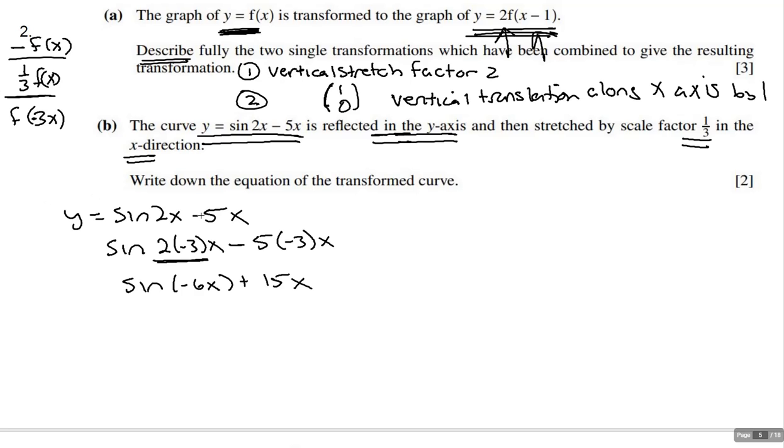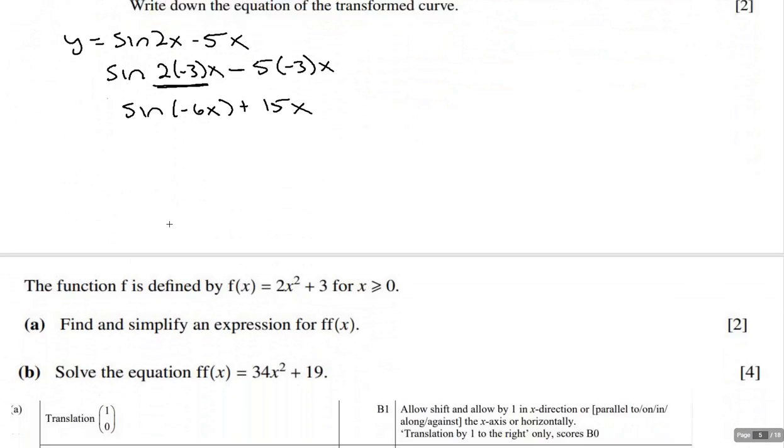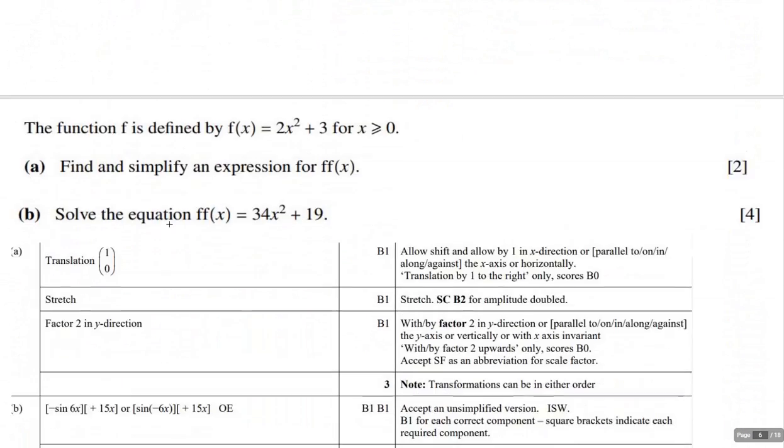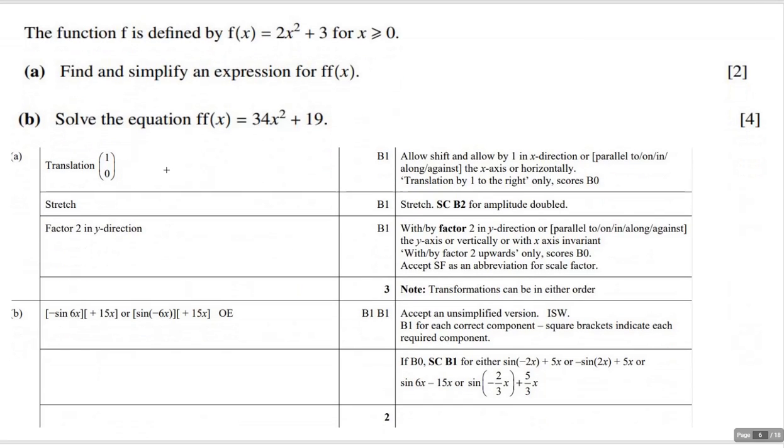Right? So let's see what the rubric says. Okay, so once again, if you just write this, it's the simplest and easiest way to say that it shifted to the right and didn't move up or down. But you'll notice you can still get credit for saying that it moves 1 in the x direction, or parallel or along or against the x-axis, or horizontally.